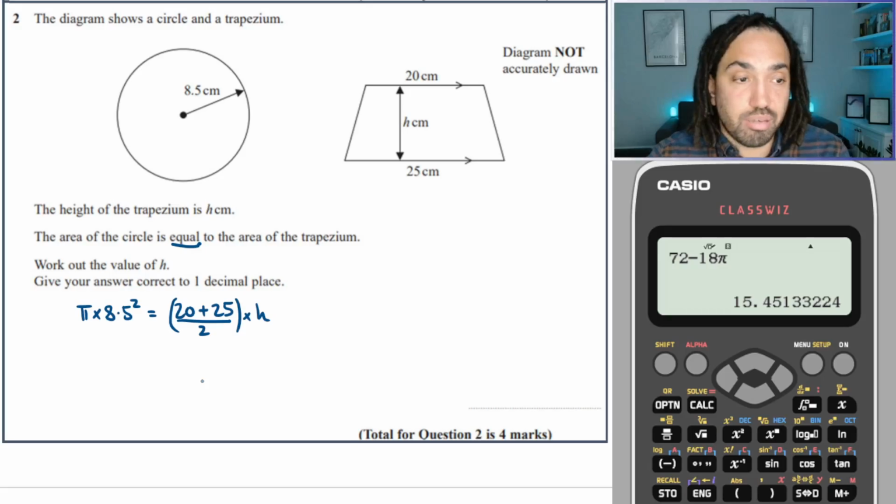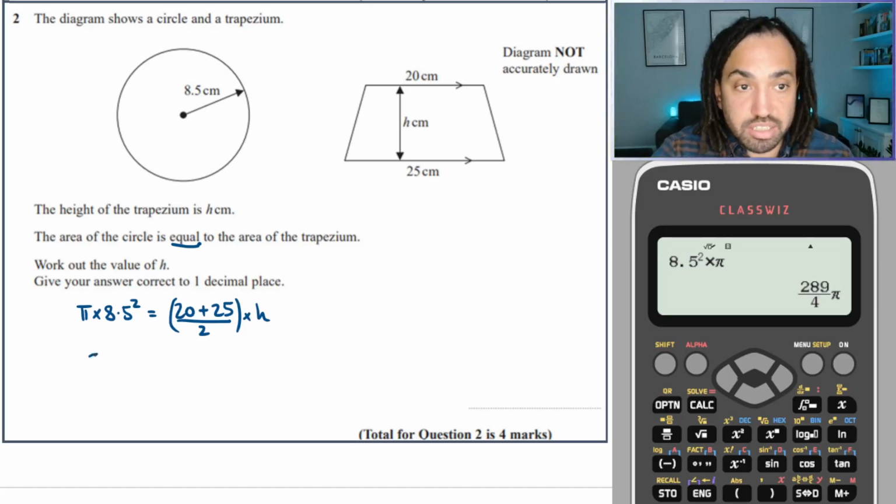So I think it's probably not a good idea to just solve it straight away in your calculator. Maybe we need to put a little bit of working. So I will actually find out what this is in terms of pi. So that's 289 over 4 pi.